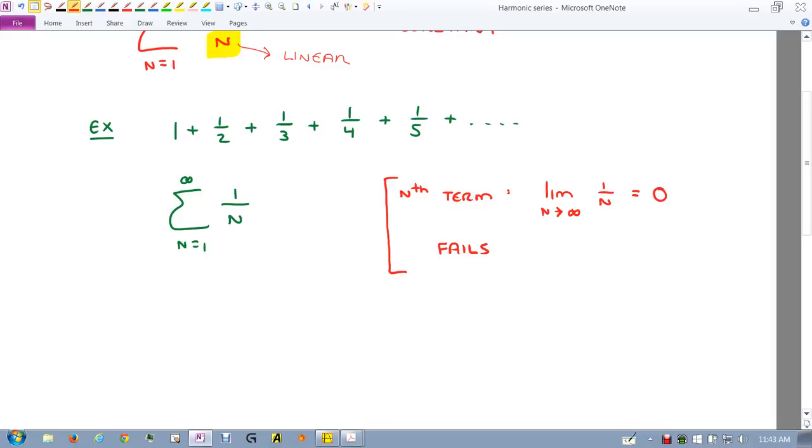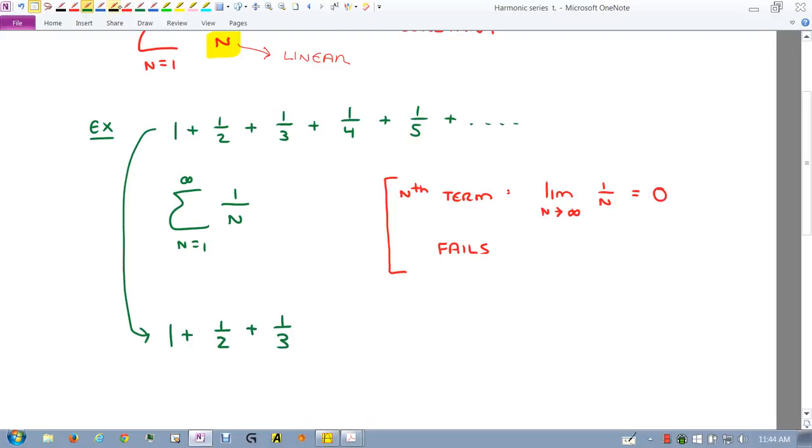Well, it turns out with the harmonic series, at this point, the only way I can convince you of what it does is hopefully by helping you see some sort of pattern of what's going on here. So I would like for you to focus your attention up here on the series written out. 1 plus 1/2 plus 1/3.